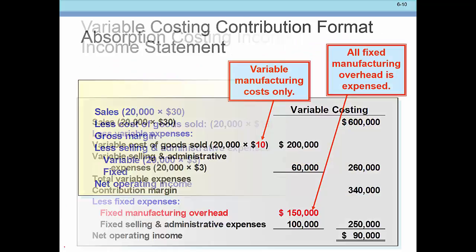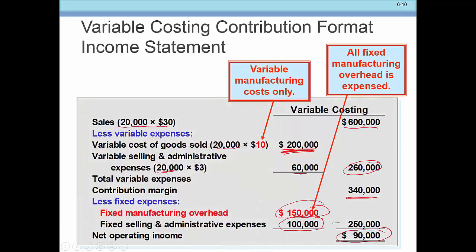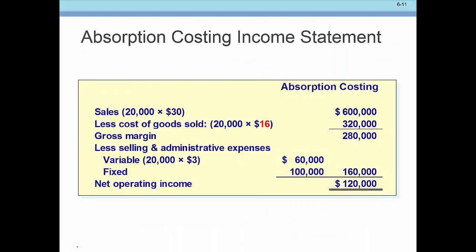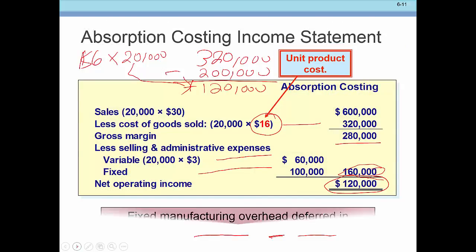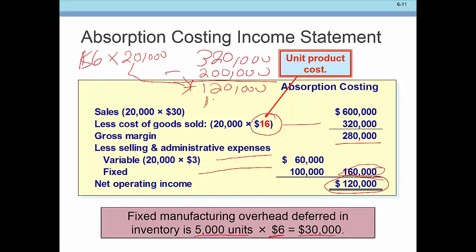My fixed costs came up 150, didn't they? I'm taking out all of these fixed costs, my fixed manufacturing, right? So if I look at that difference, the 120 versus the 150, is that a $30,000 difference?